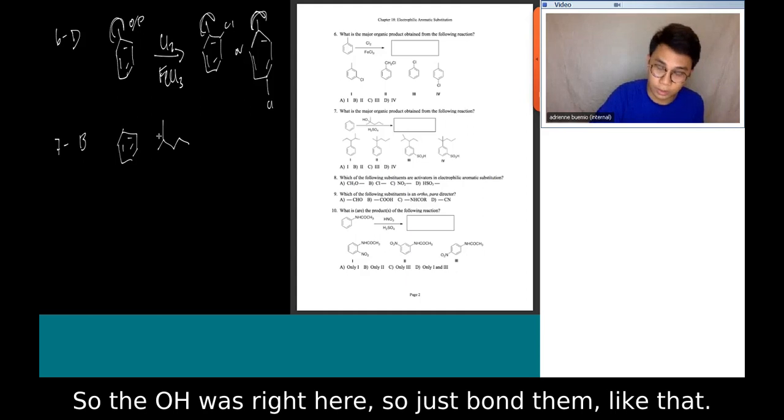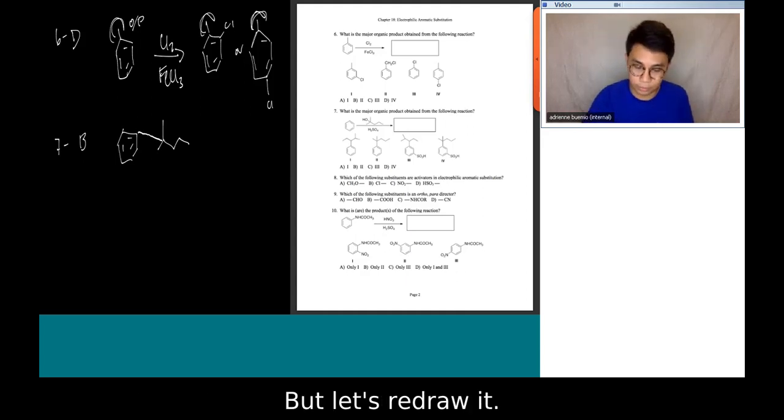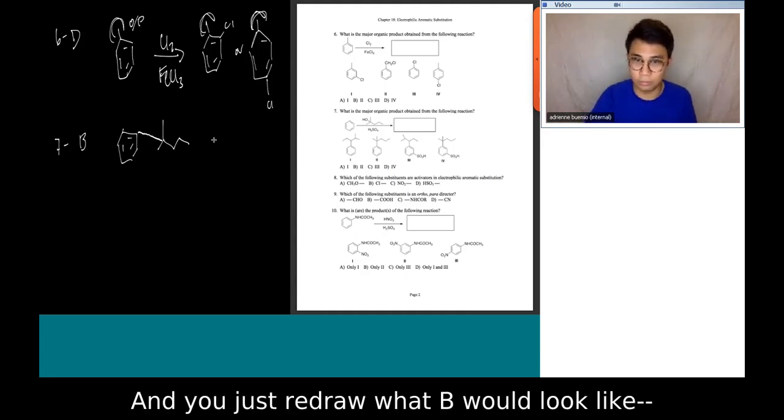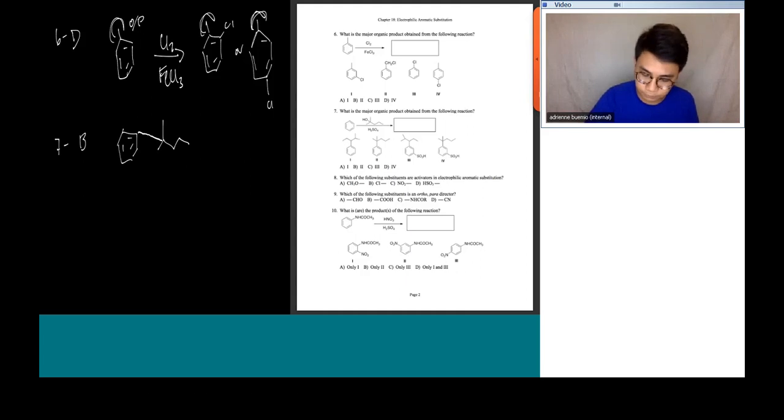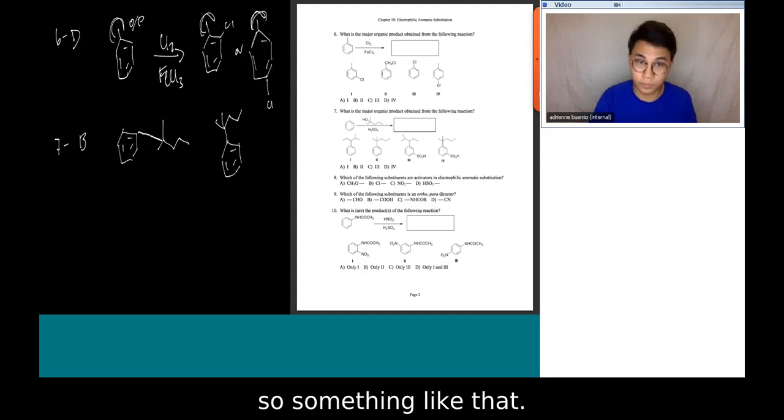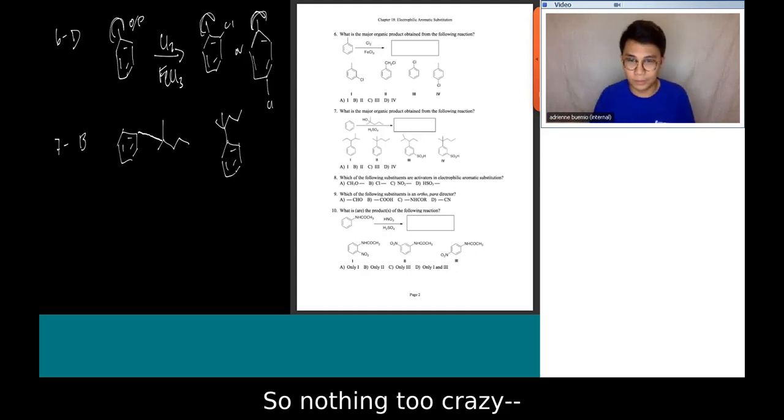So the OH was right here, so just bond them like that, right? And let's redraw what B would look like. Something like that, right? So nothing too crazy.